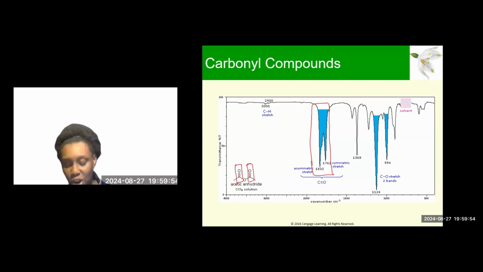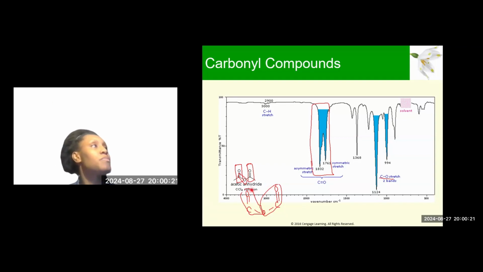And then of course you still have that carbon-oxygen bond because of this peak here that shows up. It actually has two bands for those because you have that carbon-oxygen from this side and that carbon-oxygen from that side. So with acetic anhydride, you have two bands representing the two different parts of that acetic anhydride.